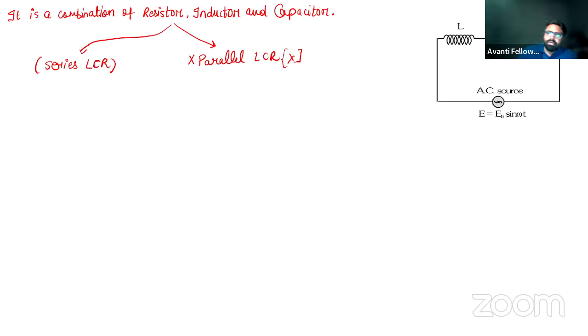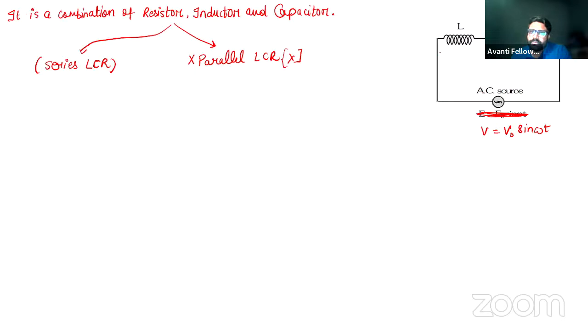Got it? Again, what we are going to do here, look, E is given, and we will not assume it as E, we will assume it as V. V is equal to V naught sine omega t. Now, the only difference here will be the current. The current moving across the inductor, will it lag or lead? Current moving across the capacitor, will it lag or lead?